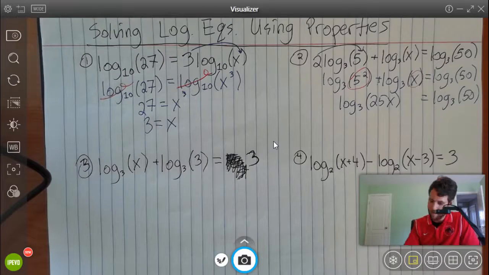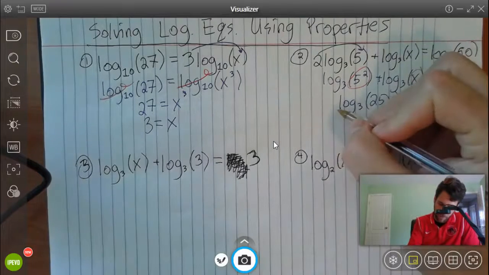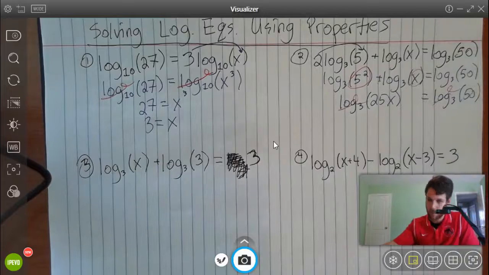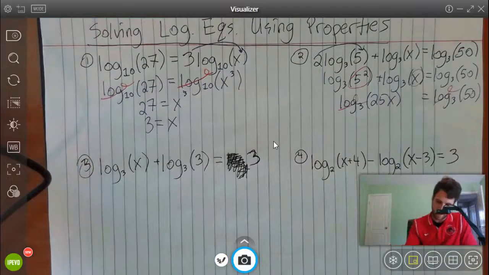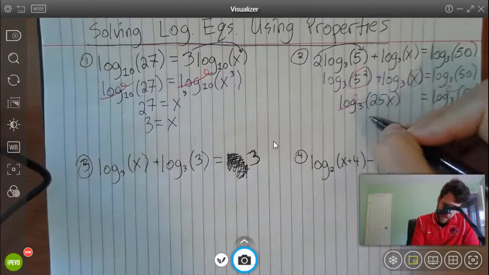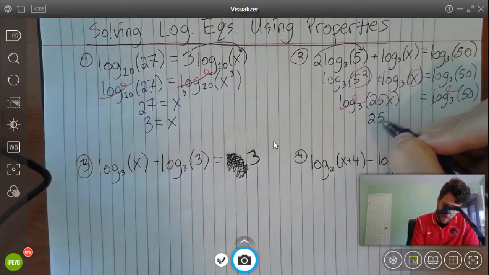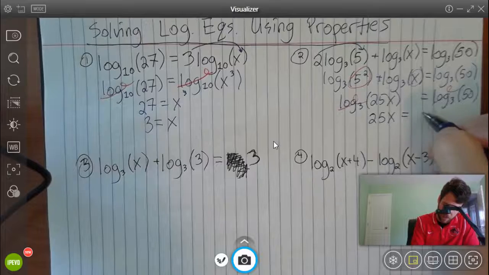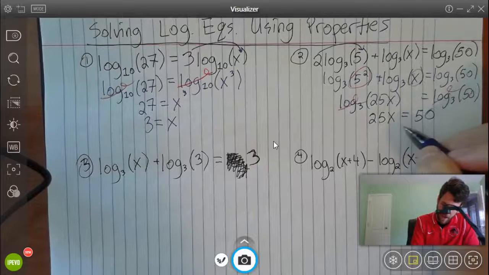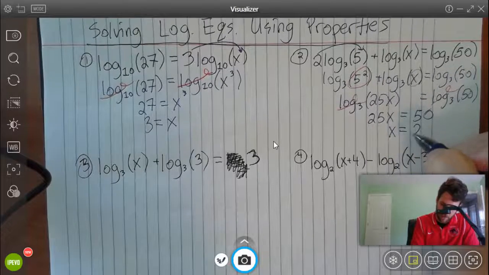And now that we have that, we can just get rid of these two log base 3's and rewrite this as 25x is equal to 50 and x is equal to 2.